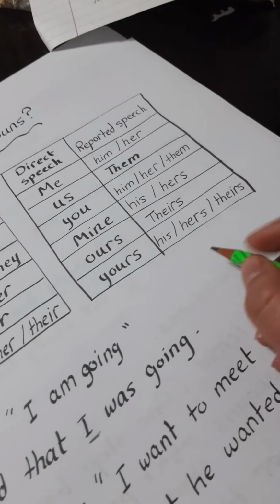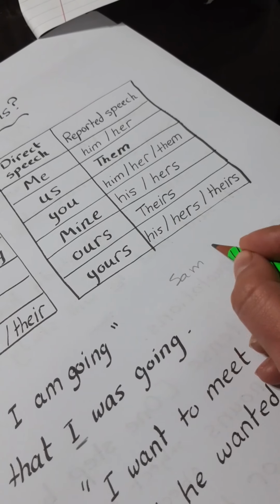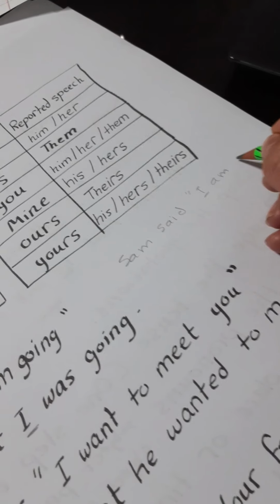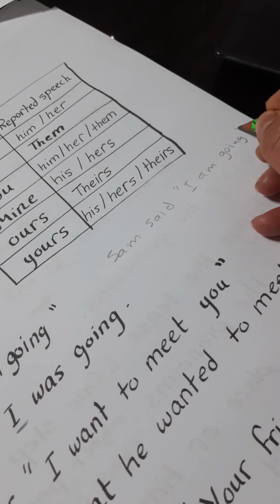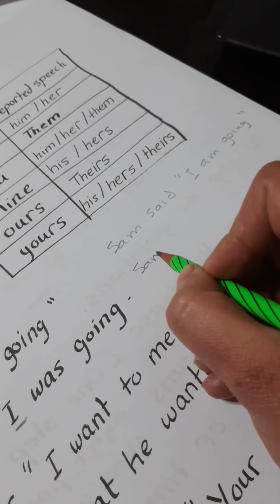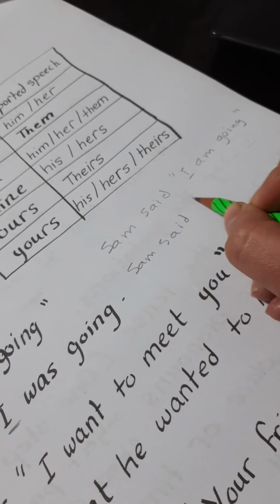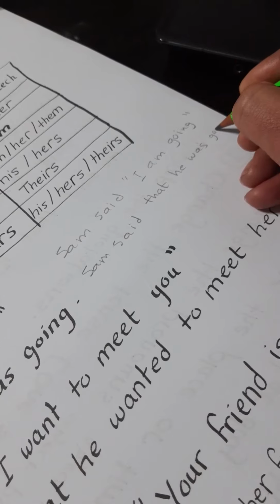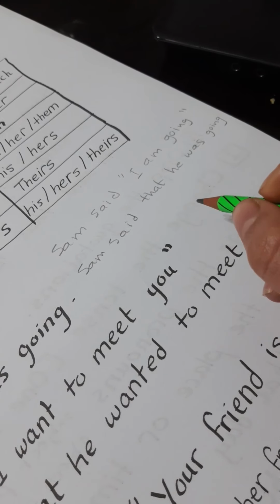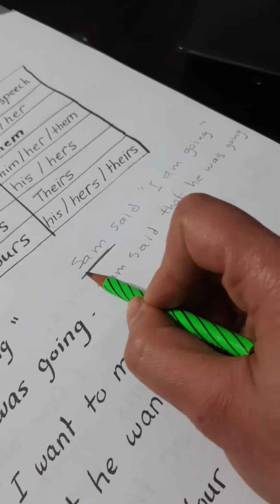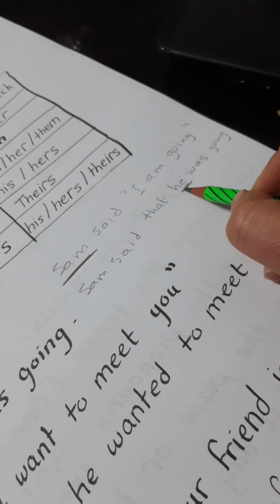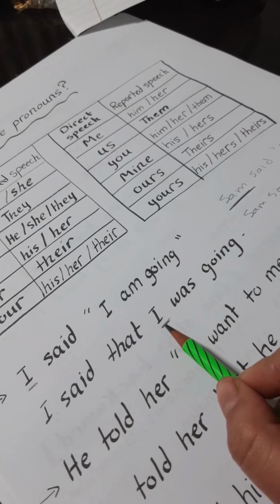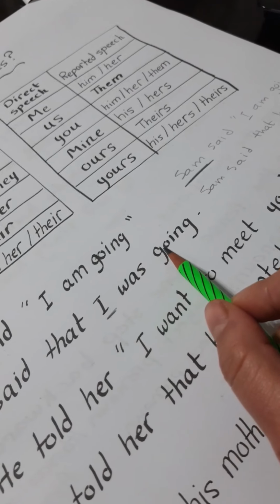If Sam said, "I am going," it will be: Sam said that he was going. Here the speaker is Sam. That's why we change it to he. Here the speaker is I. That's why we keep it as it is. I said that I was going.